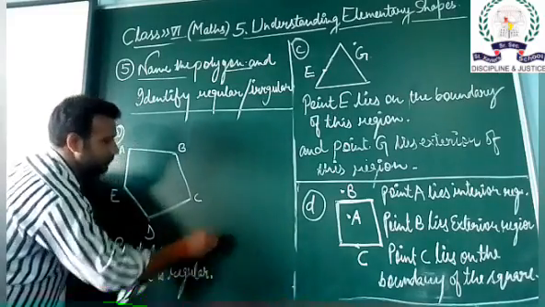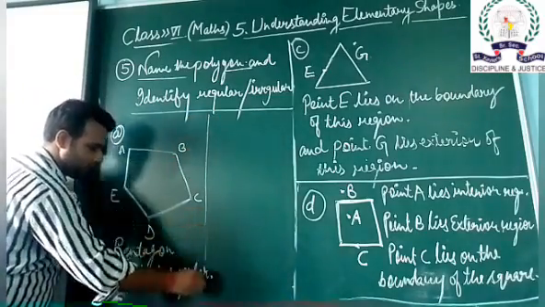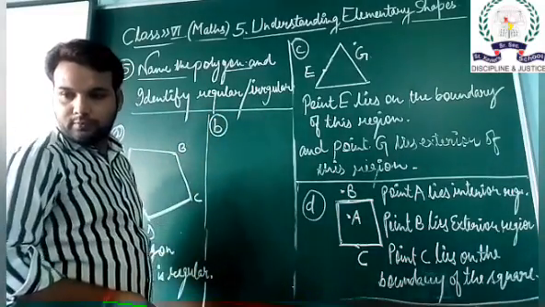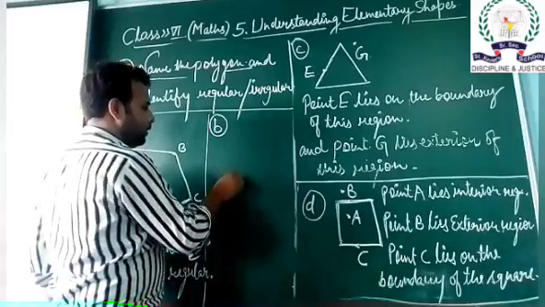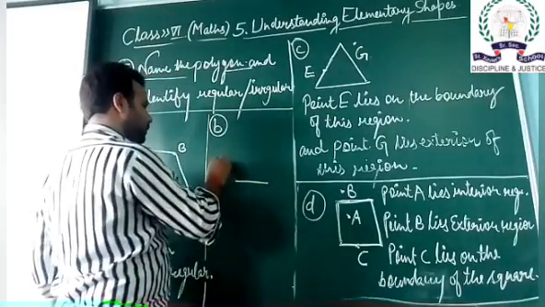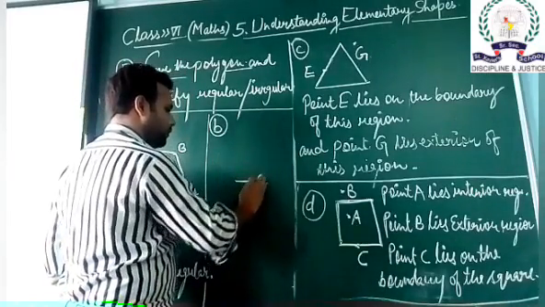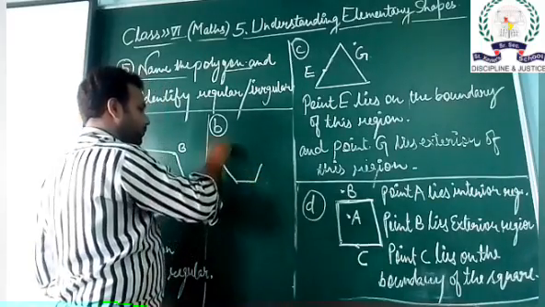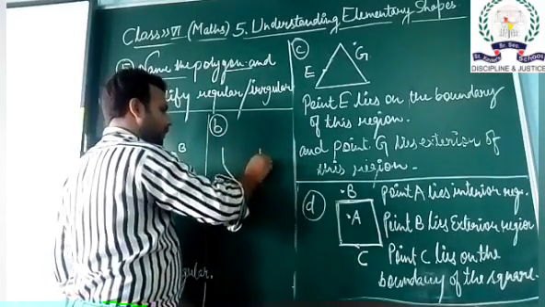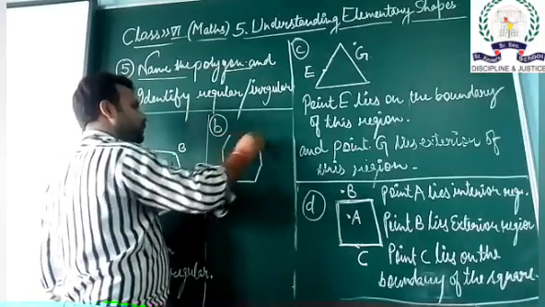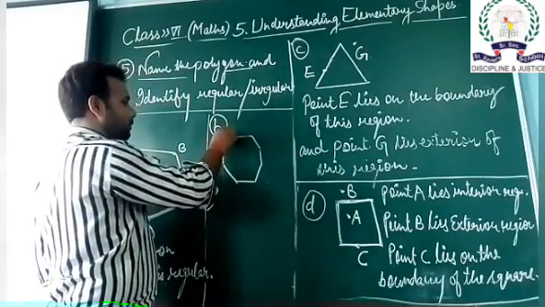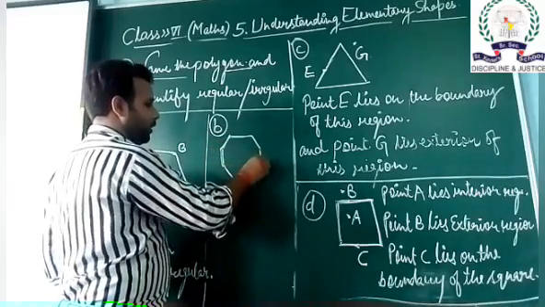Okay, the next one is given. 1, 2, 3, 4, 5, 6, 7 and 8. Okay.